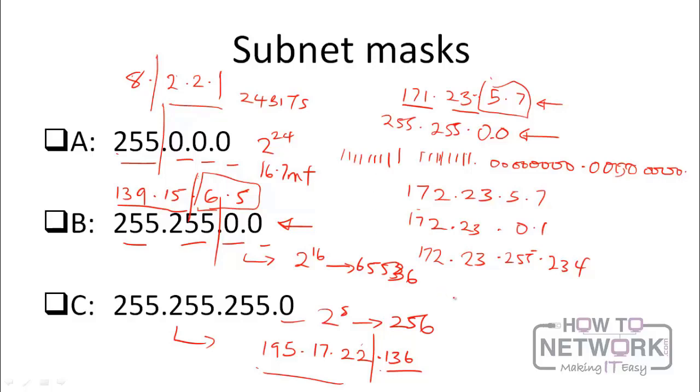And wherever you have a 0, it does not have to match. So if I have 2 addresses that are 172.16.2.5 and 172.16.7.20, by default, the above class B addresses, their mask would be 255.255.0.0.